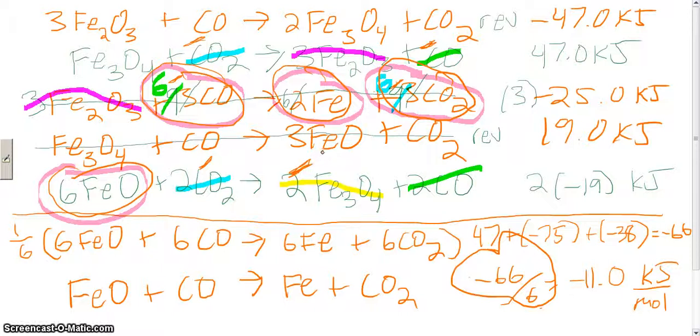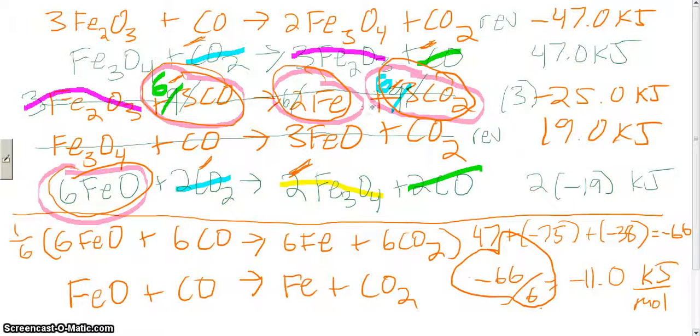Okay, so we got an overall enthalpy of negative 66 divided by 6, or negative 11 kilojoules per mole, which makes the reaction exothermic. And how we did that is we reversed the first reaction, which means we just flipped the reaction, and we changed the sign from negative to positive.